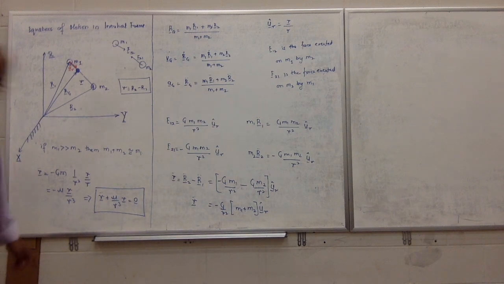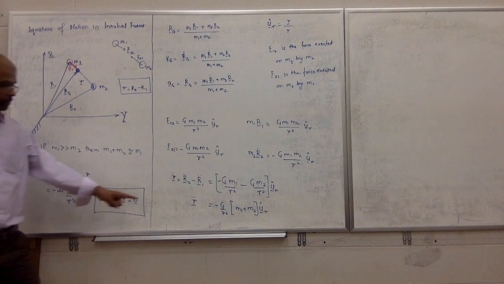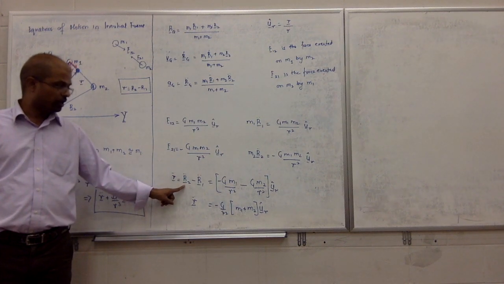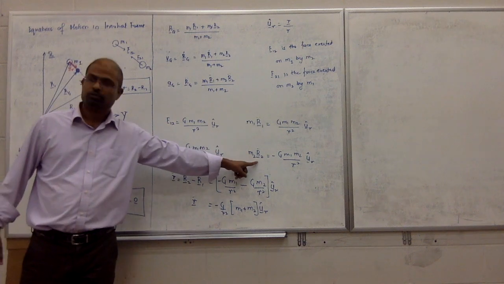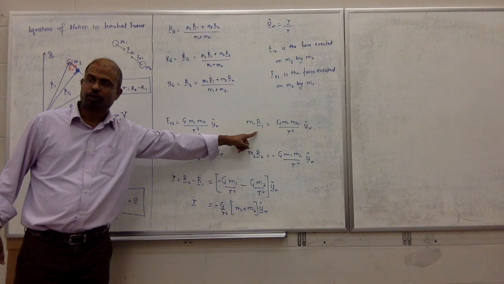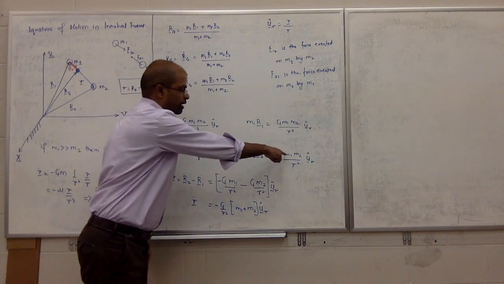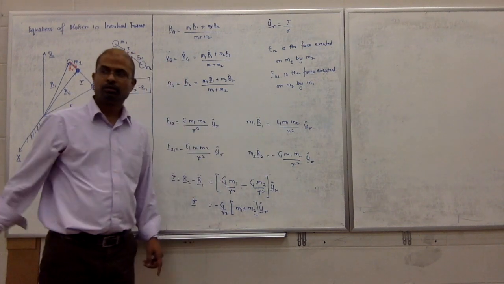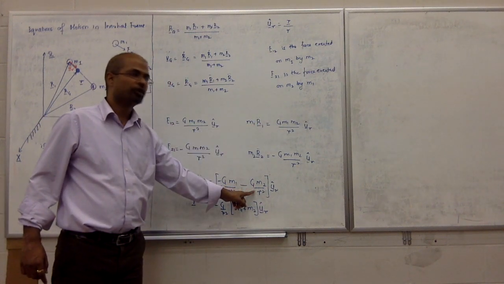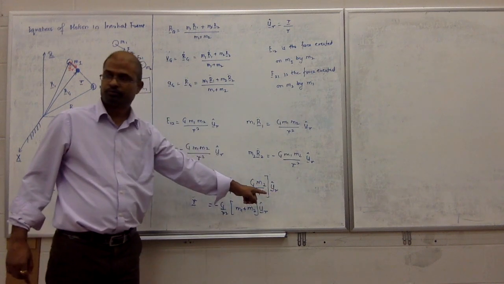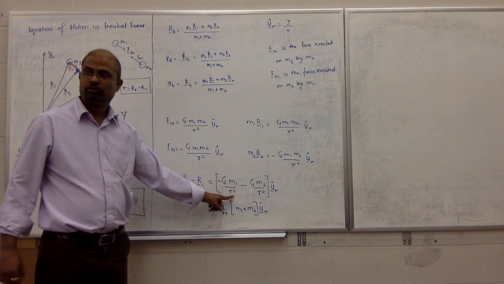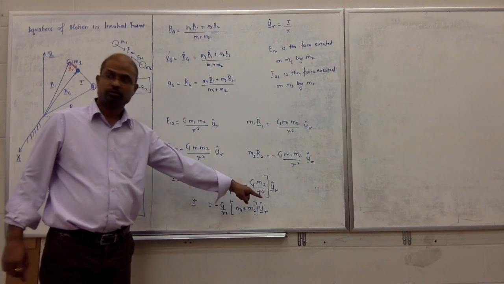So see what I did here. Guys, pay attention here. You're with me on this one? I substituted for R2 from here. I substituted for R1 from here. M2 cancels, M1 remains over R squared. M1 cancels, only M2 remains. And UR is common. So R double dot is equal to minus G over R squared, M1 plus M2, UR.